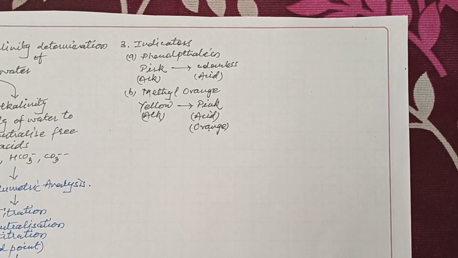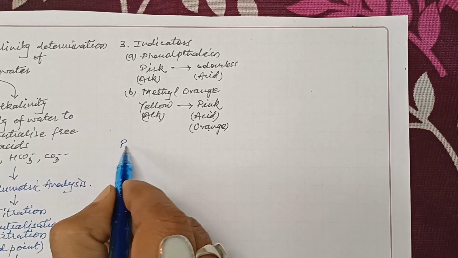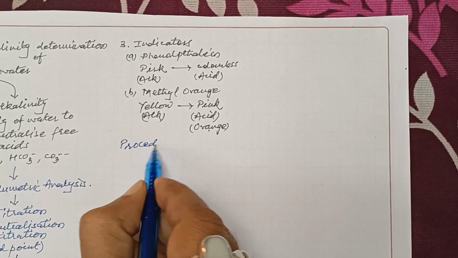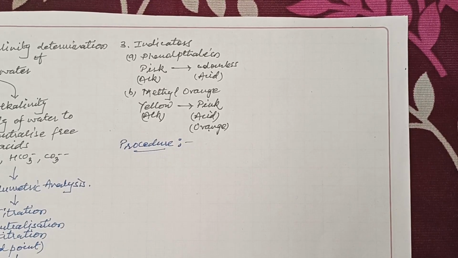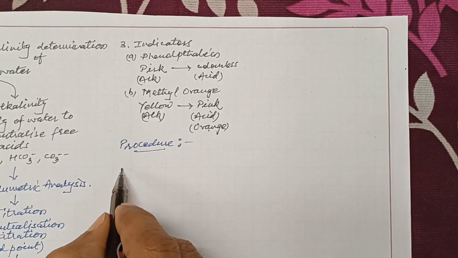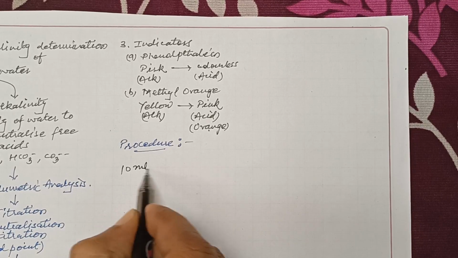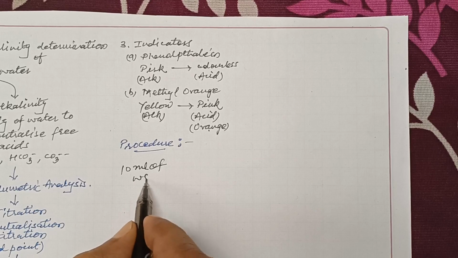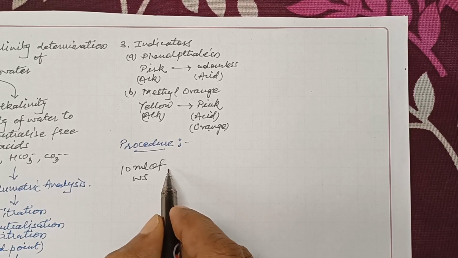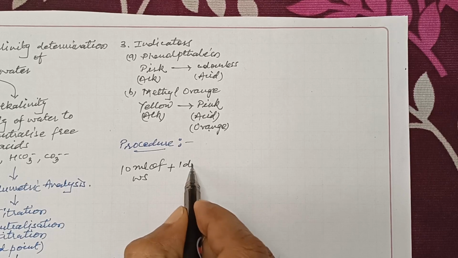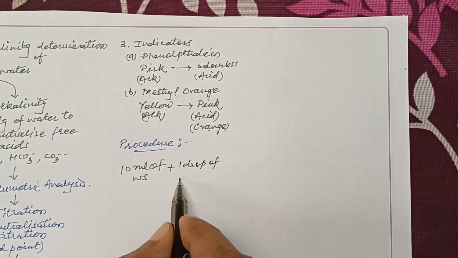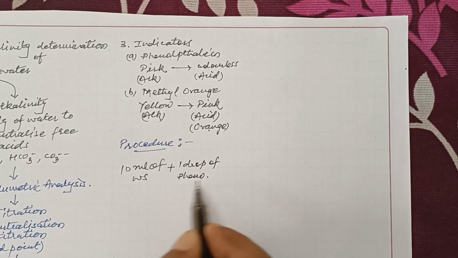Now the procedure of the method. How can we perform this titration in a laboratory? First of all, we take 10 ml of water sample. Then we add 1 drop of phenolphthalein indicator.